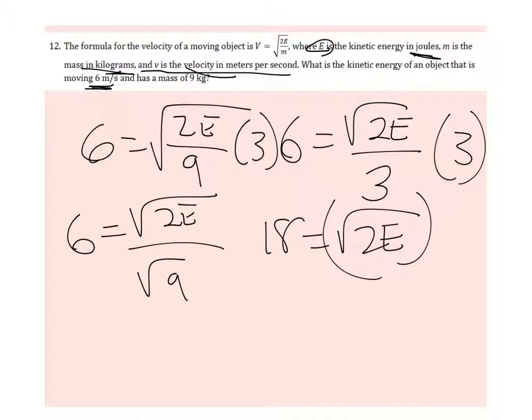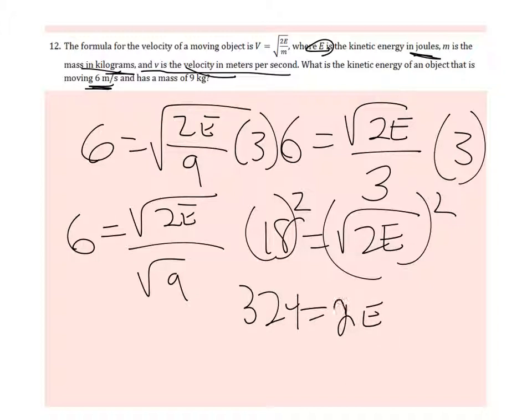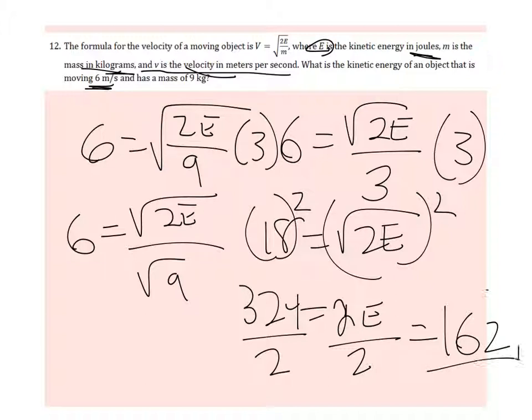So then if I square both of these, I'm going to get 18 squared. 18 squared is going to be 324 equals 2e. So divide by 2, divide by 2. So my final answer here is going to be 162. So that is my kinetic energy in joules.